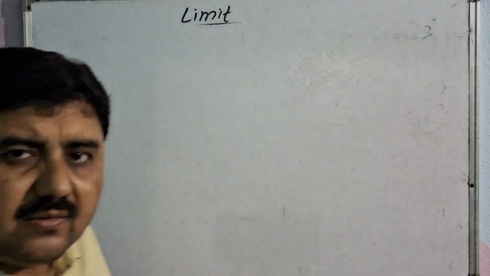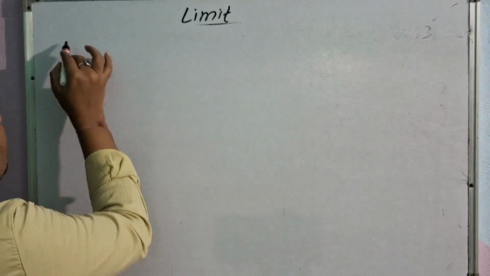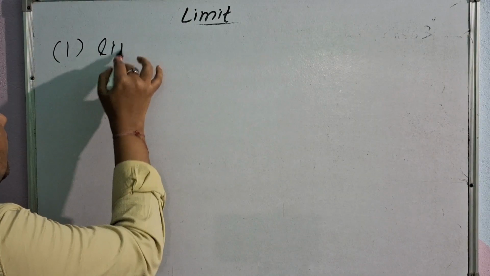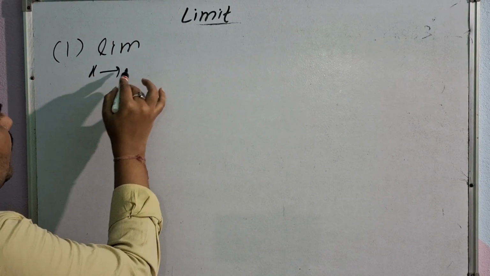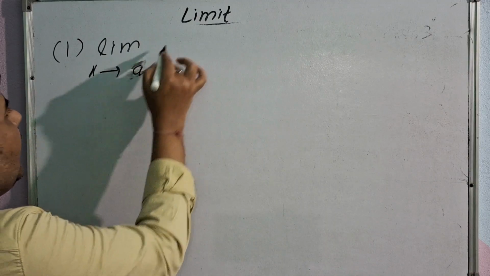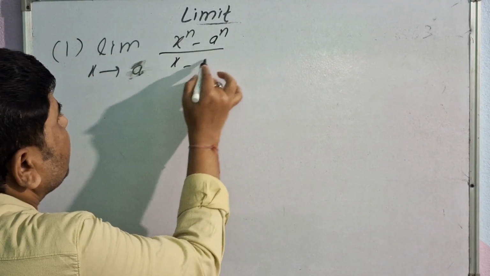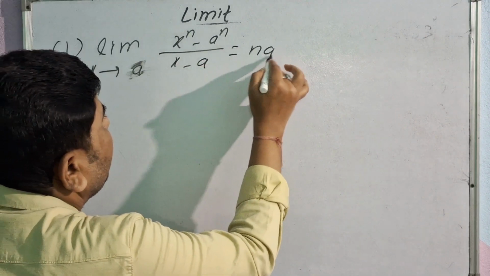Now we can define some more important forms of limit. Number 1: limit x tends to a, (x to the power n minus a to the power n) upon (x minus a) equals n a to the power n minus 1.